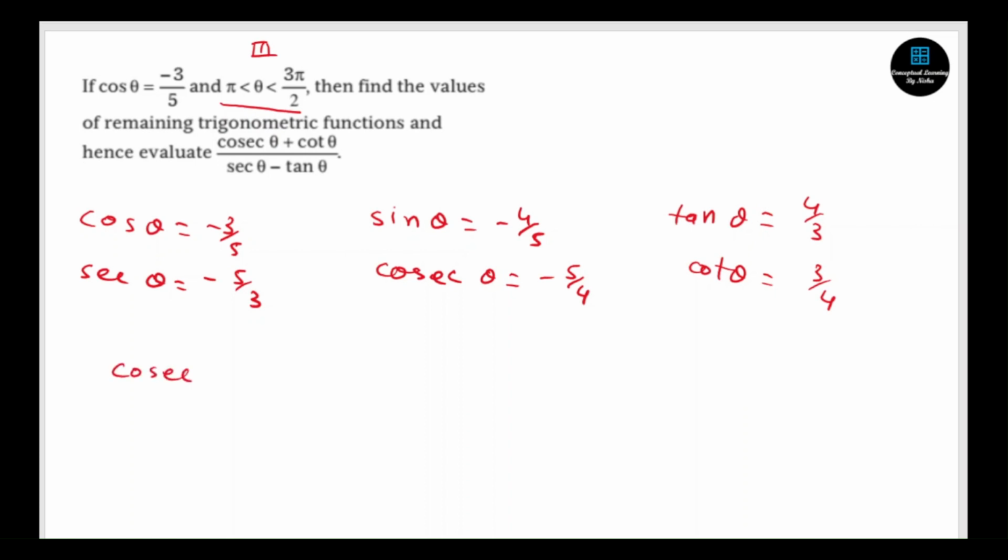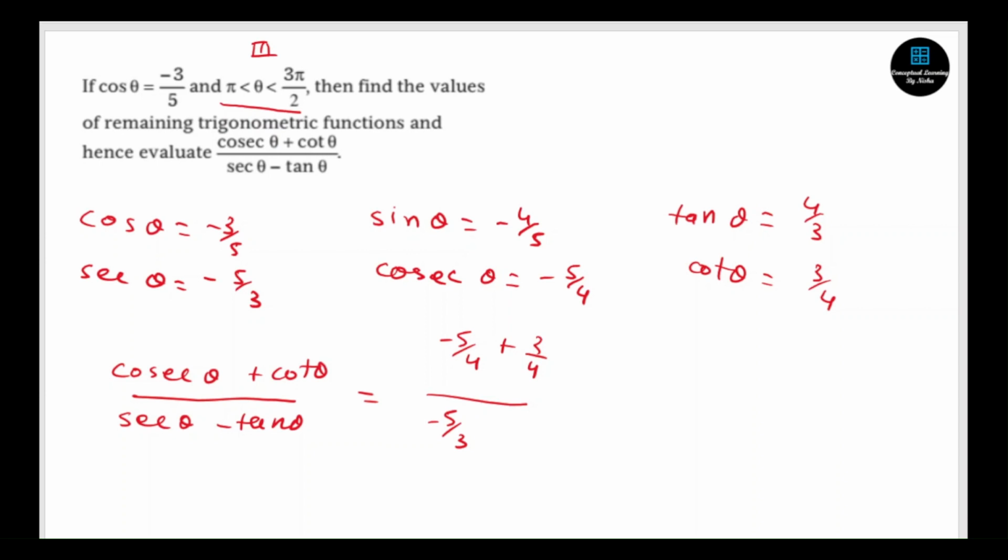So we got all 6 ratios, and then I can evaluate this value. So cosec theta plus cot theta over sec theta minus tan theta. Now substitute their values. So minus 5 over 4 plus 3 over 4 over minus 5 over 3 and minus 4 over 3.